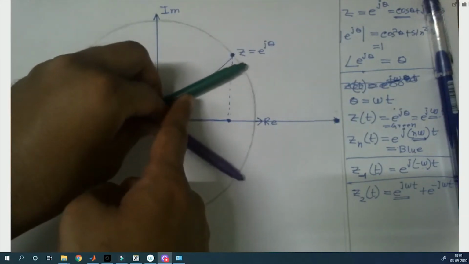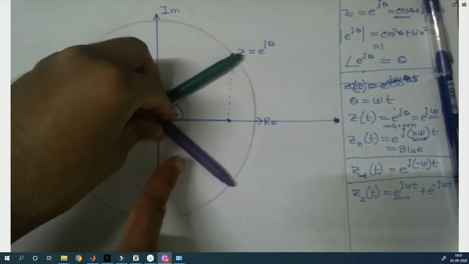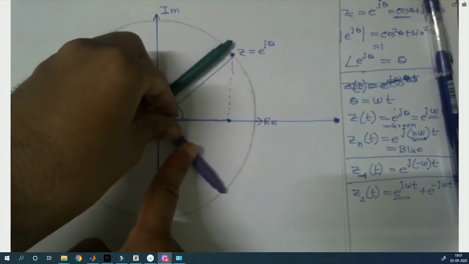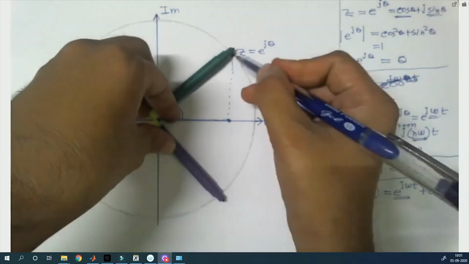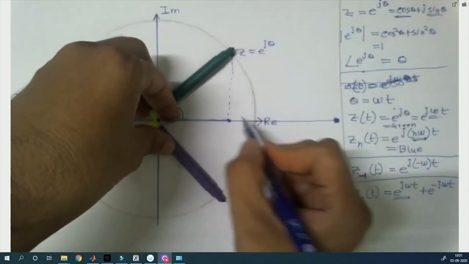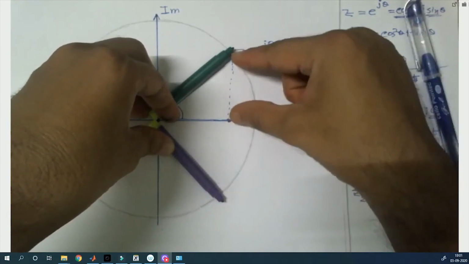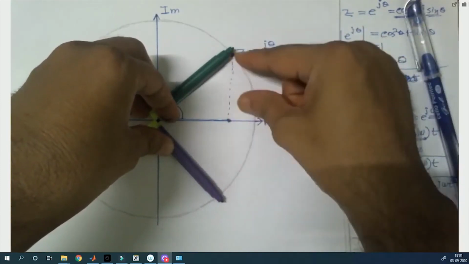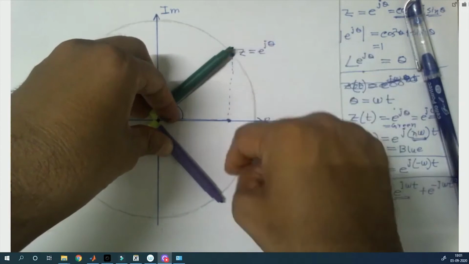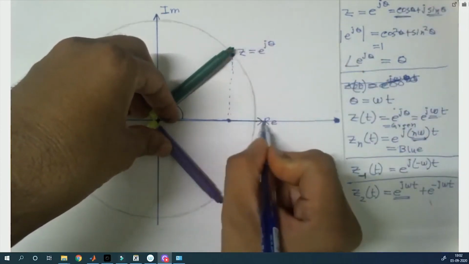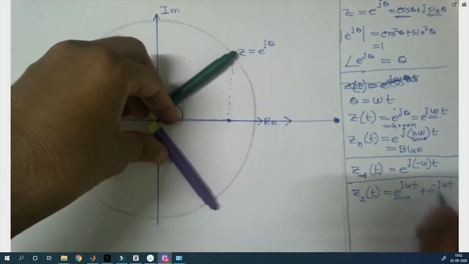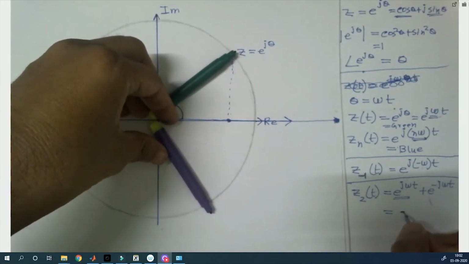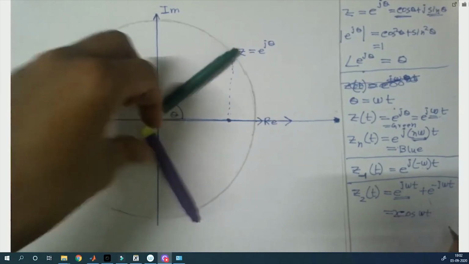Green pen is e to the power j omega t, blue pen is e to the power minus j omega t. But at any point of time, if you add these two vectors, then their imaginary parts are equal and opposite, they will cancel, and the sum will always be a real number. That is evident because this you can also write as 2 times cosine omega t.